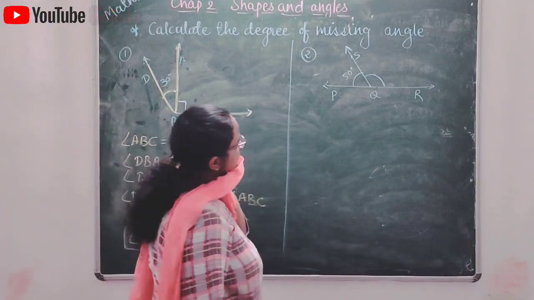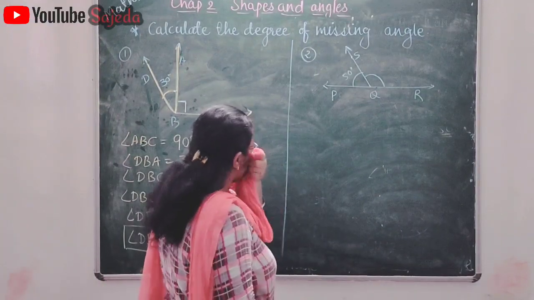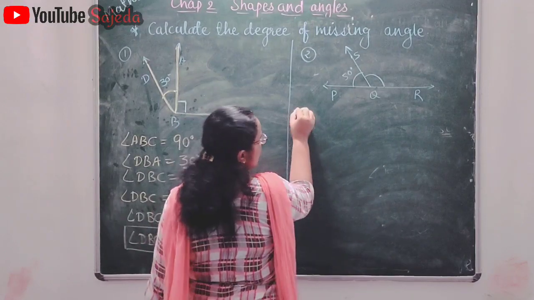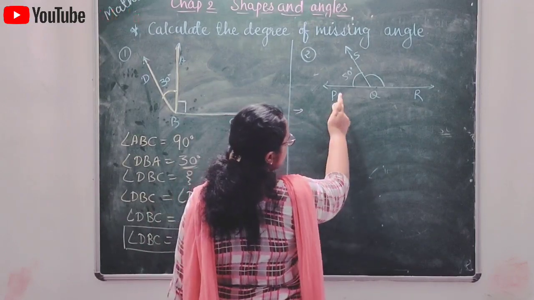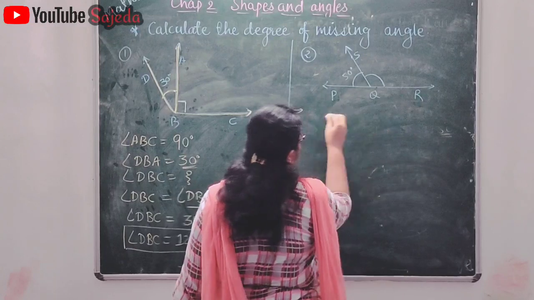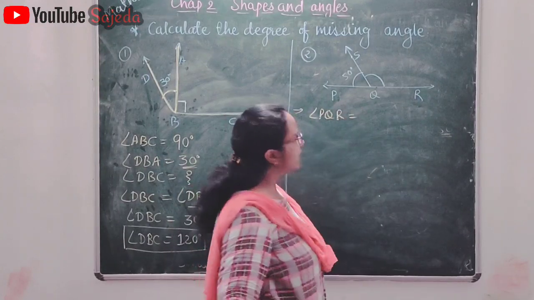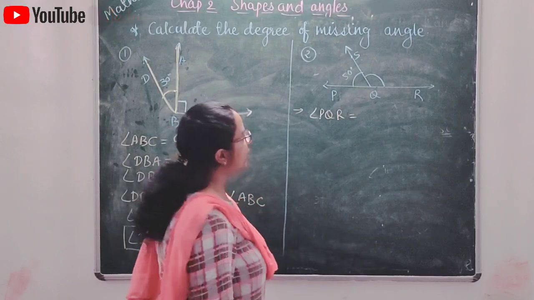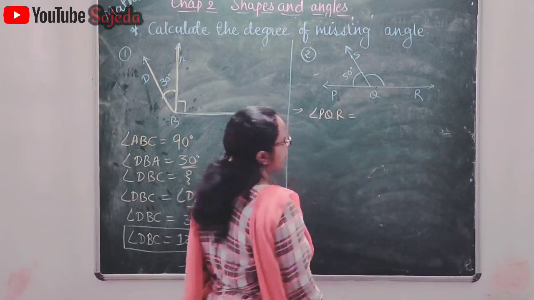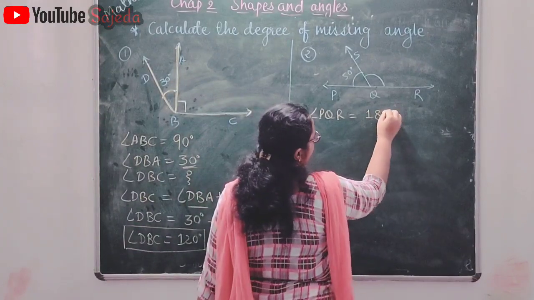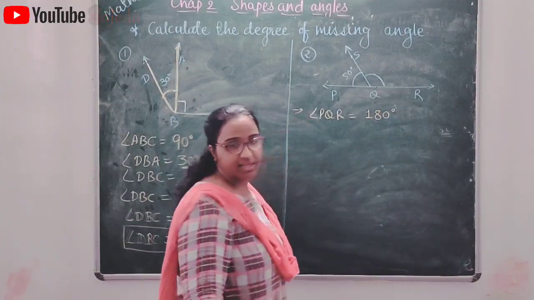Now another figure is given here. First of all, find out the three angles. In this picture, the three angles are, first, angle PQR. Its measurement is not given, but we know that it is a straight line, meaning it forms a straight angle, and a straight angle is 180 degrees.